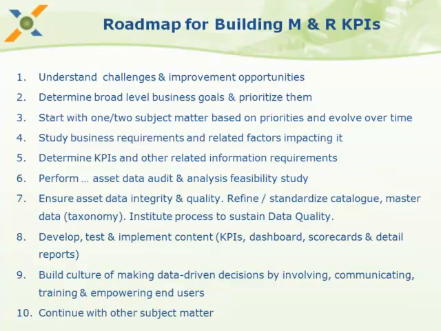So you can do the exercise for one particular subject matter, study all the aspects around that, understand all the factors that are influencing that particular goal, and then list, like in the previous slides I showed how the hierarchy is built.